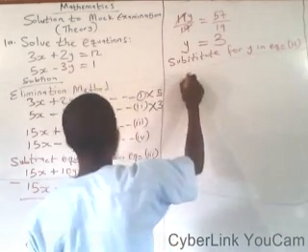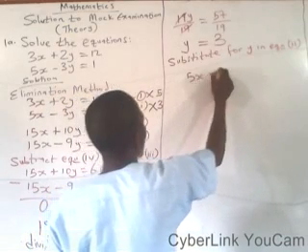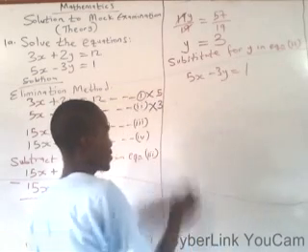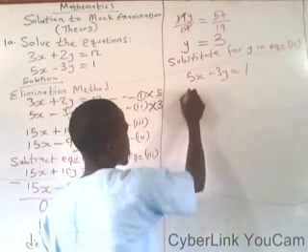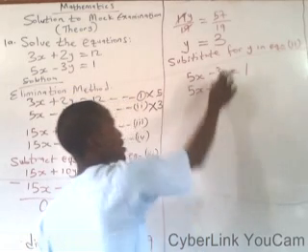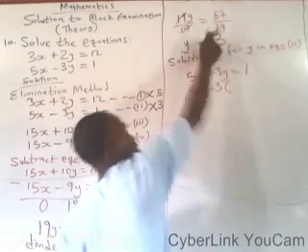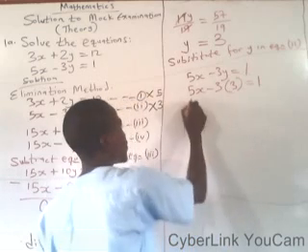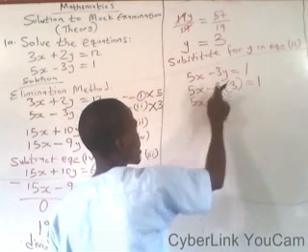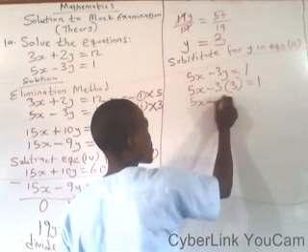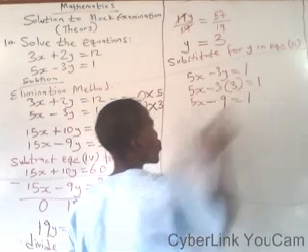Our equation 2 is 5x minus 3y is equal to 1. If that is the case, 5x minus 3 into bracket, what is the value for y? That is 3, is equal to 1. 5x, 3 times 3 is what? Minus 3 times plus 3 will give us minus 9 is equal to 1.